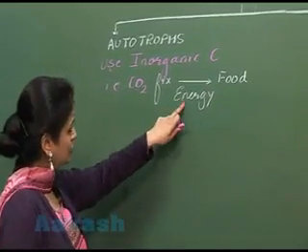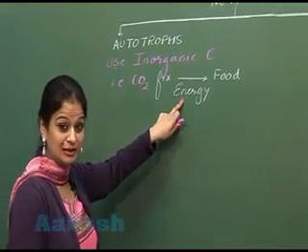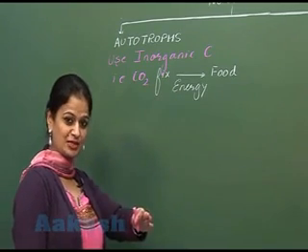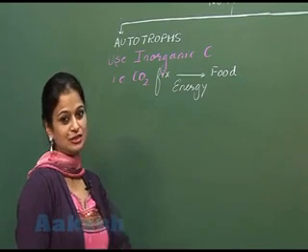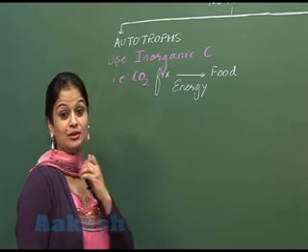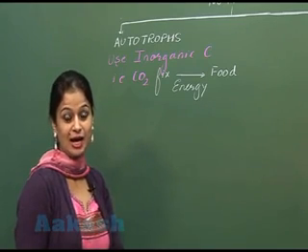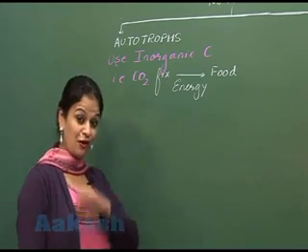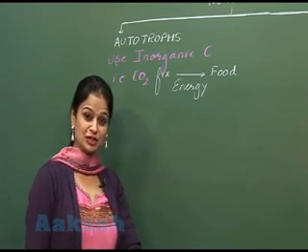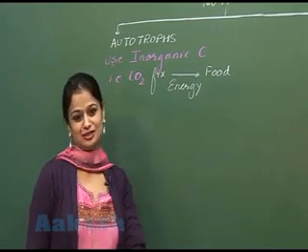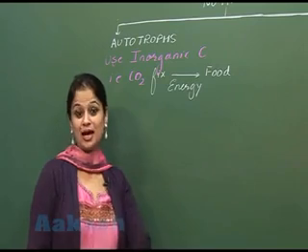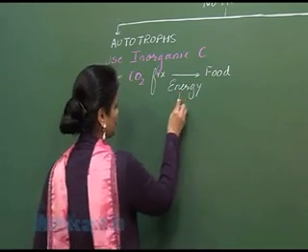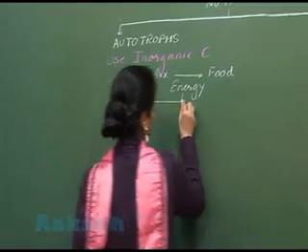If the energy utilized by the bacteria for the carbon dioxide fixation is light energy, you call this category of bacteria as photoautotrophs. But if chemical energy is utilized, you call them as chemoautotrophs. So two further categories are there.